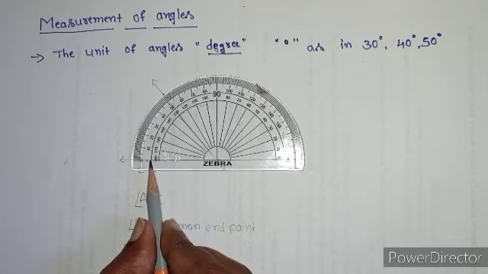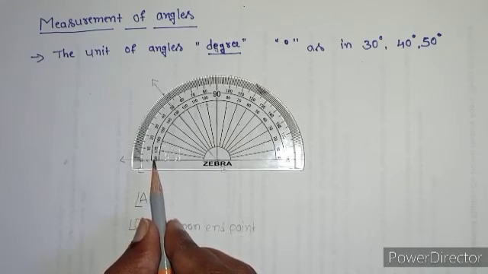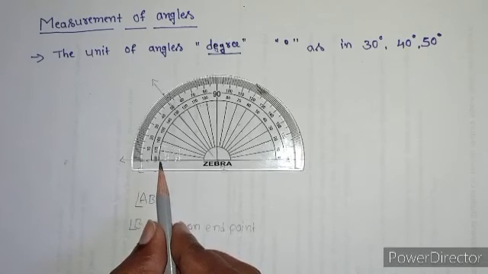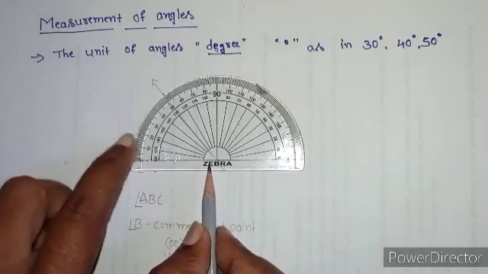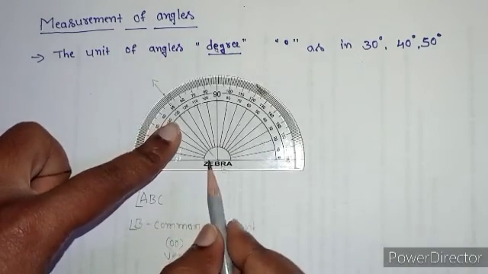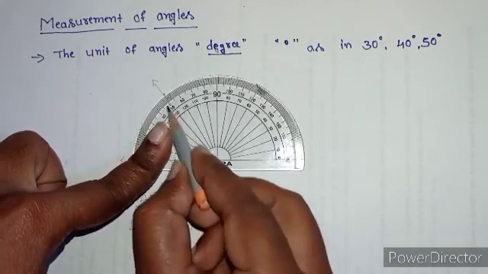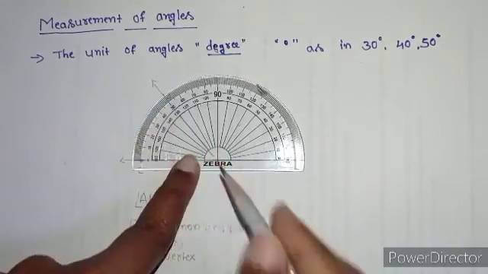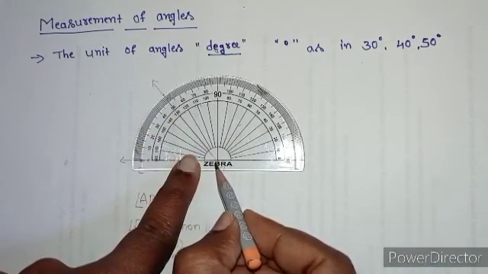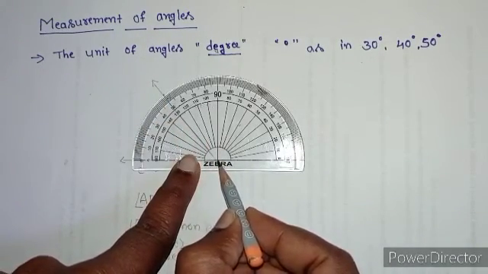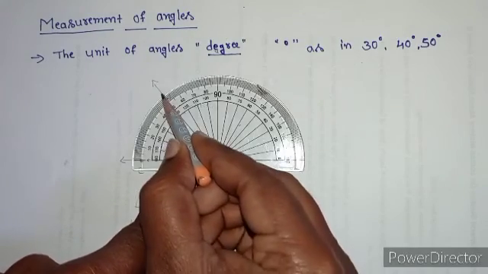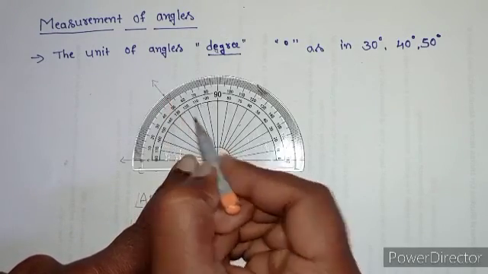Next we need to read the measure of the angle where the other arm crosses the scale. All of you see here, this is one arm. The other arm crosses the scale here.